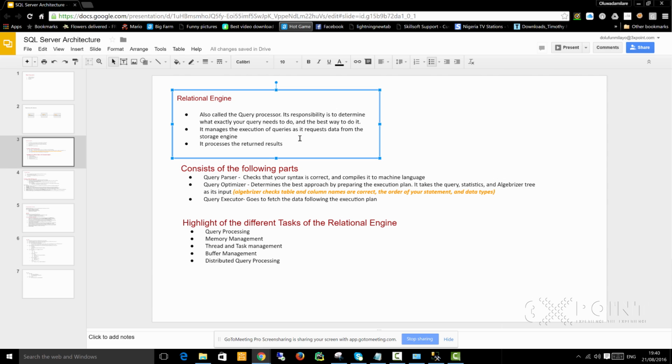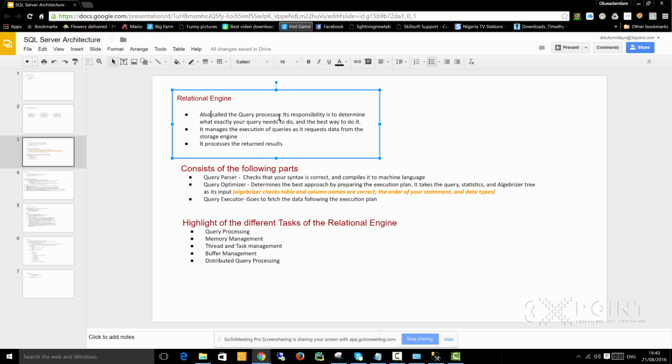It understands that it needs to create the login and store that information somewhere, so that if you need to do some auditing or go back in time to know when things actually happened, you can still query the same engine and it will take you to the right place. So that's one of the things that the relational engine does, and it's also called the query processor. So it processes the query.